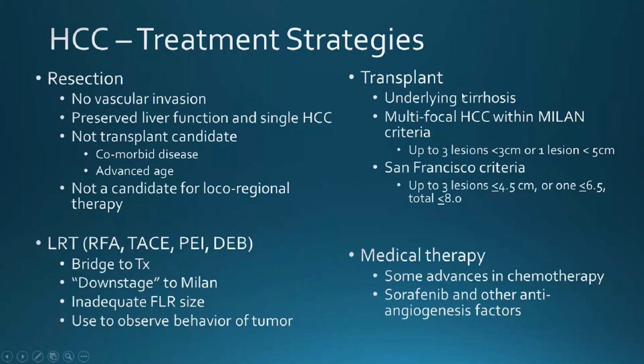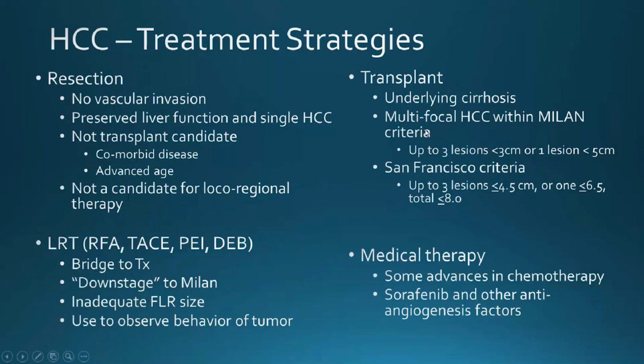For transplantation, we do look at the underlying cirrhosis. If the patient is cirrhotic, then that also can help. We treat cirrhosis and cancer at the same time. Sometimes we do transplant patients with multifocal HCC. We'll talk about it again.